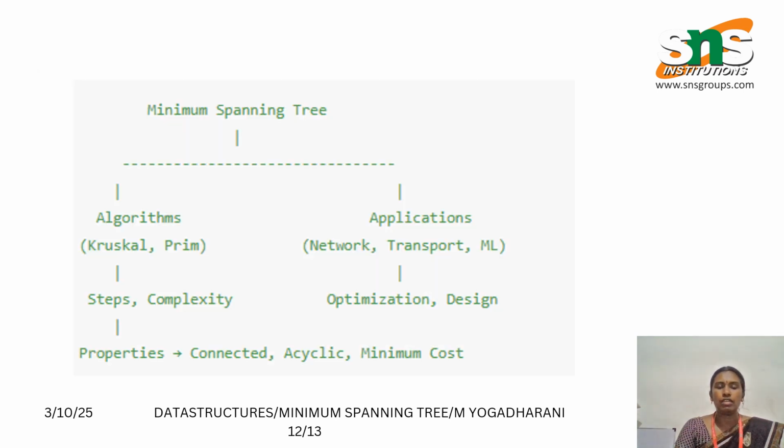So this is the mind map of a minimum spanning tree. It has the two algorithms, as I told you earlier, Prim's and Kruskal's, with their steps and complexity, and the properties are that it should be connected to all the vertices and should not form a cycle. It's also called an acyclic graph, and it should be of minimum cost throughout the traversal of a graph.